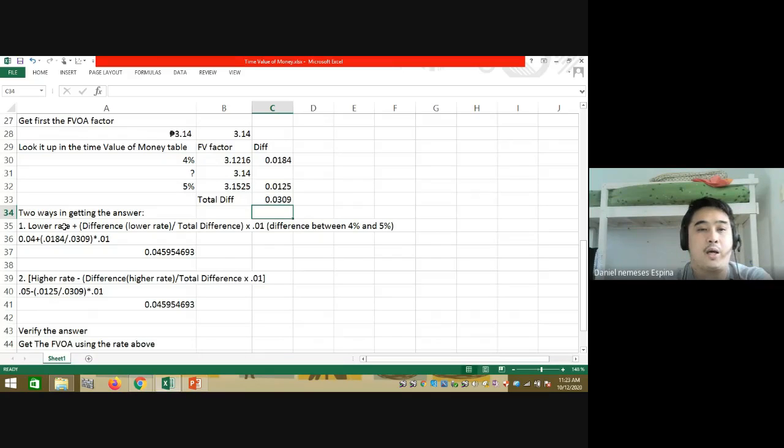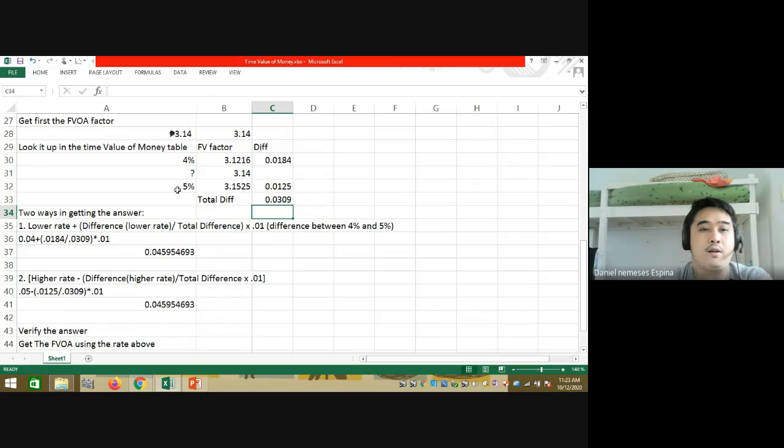When we say approximate, it's only an estimate of the rate we are looking for. So it is the lower rate plus the difference between the lower rate and the one we are looking for, divided by the total difference, times 0.01. Where does the 0.01 come from?